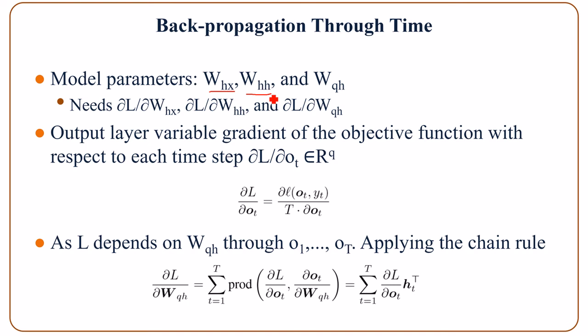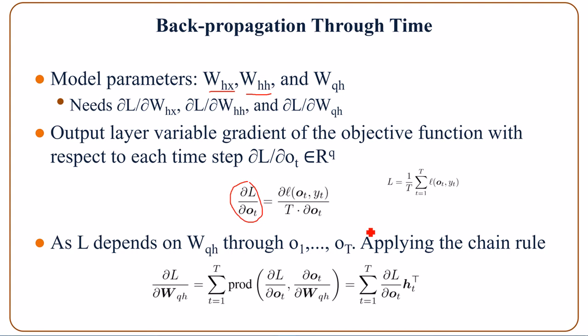And eventually w_qh is the weight between the hidden state at time step t and the output. We need to calculate the derivative of the loss function with respect to the weights. Though derivatives are needed in your gradient descent algorithm, we first start with the derivative of the loss function with the output at time t.